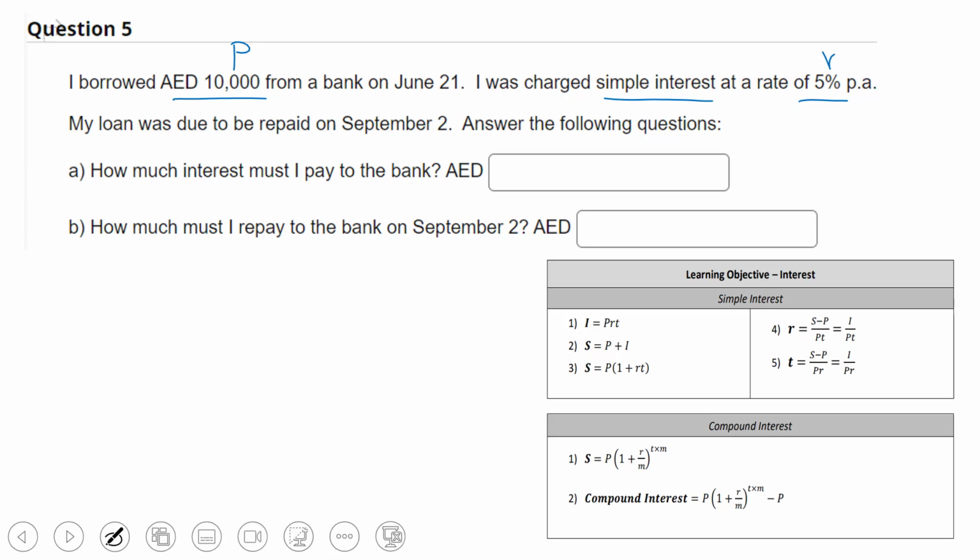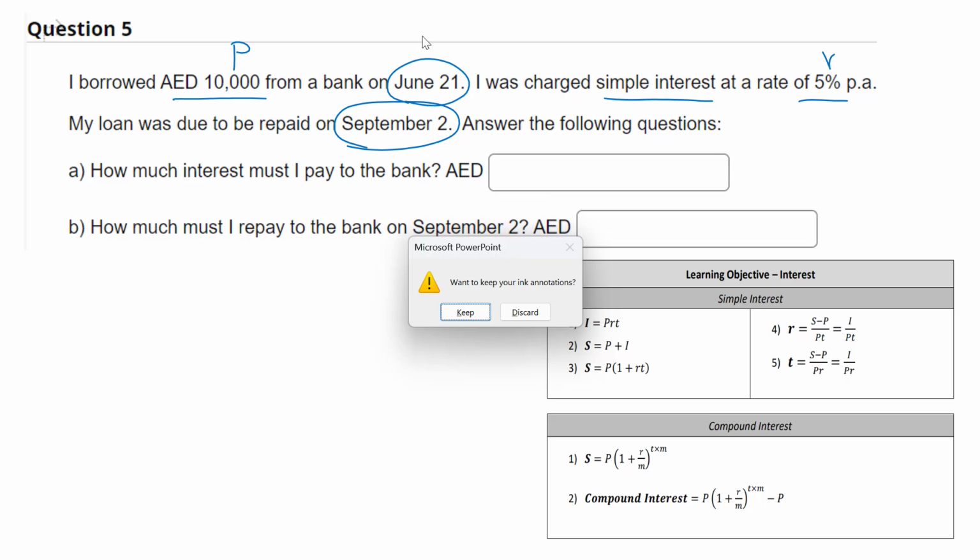He starts on June 21st, up to September. So I have to use a table to know how many days between June 21. Let's go and see how to use this formula to know how many days.